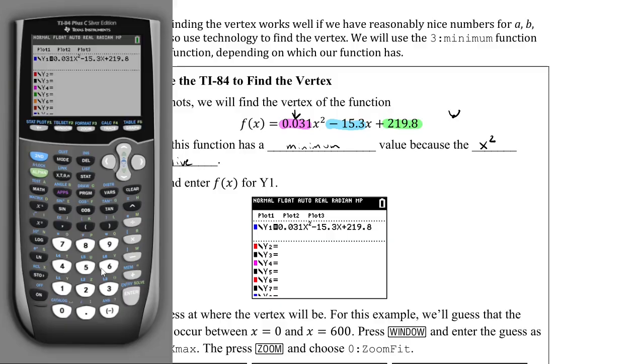If we come to this knowing nothing about this function, we might start out guessing, well, maybe our vertex is between x equals 0 and x equals 20. So we'll guess that. We'll enter our x min and x max, and then we'll say zoom fit to set the y values. And then we look at this graph.